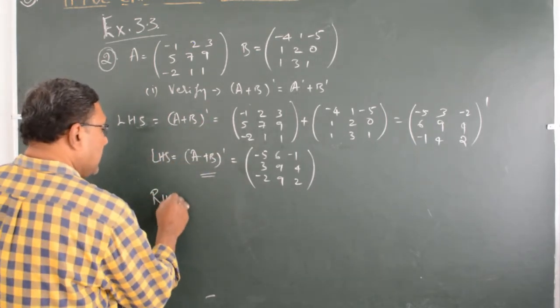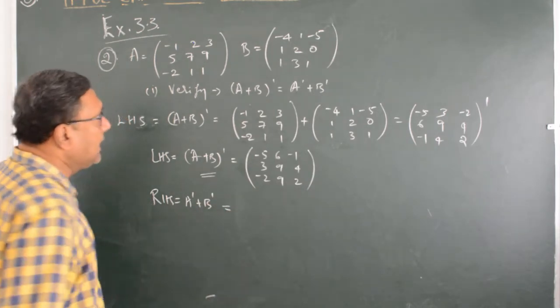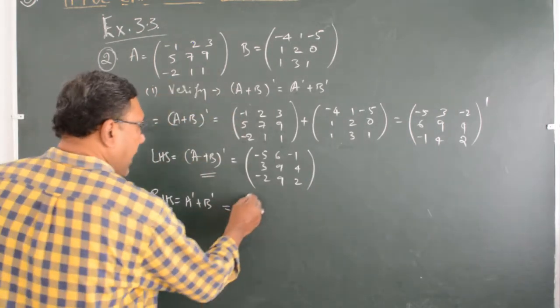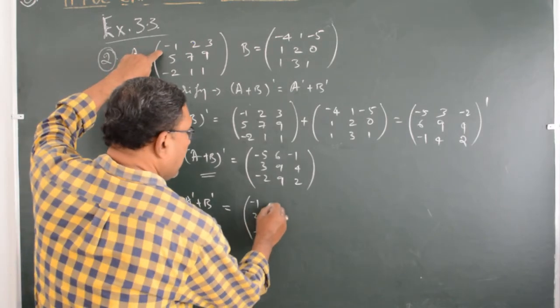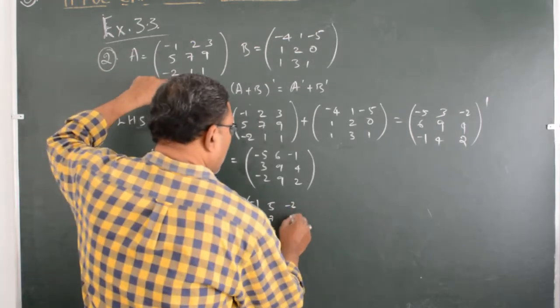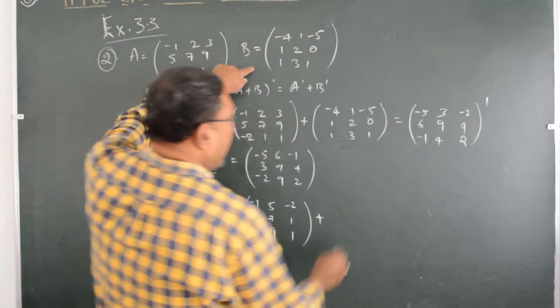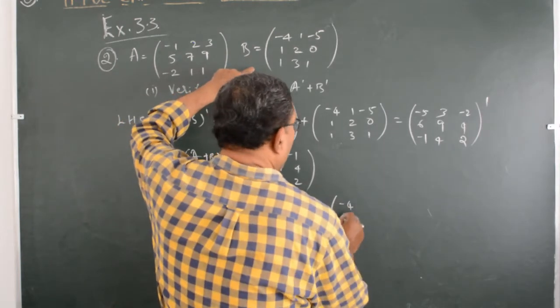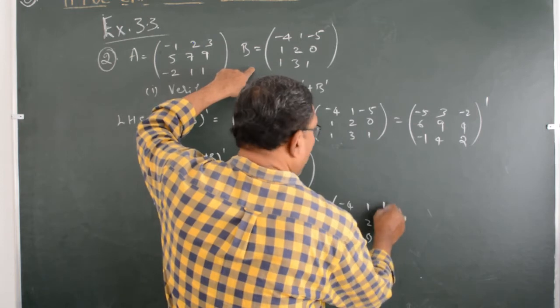RHS is A transpose plus B transpose. I'll take the transpose of A: minus 1, 2, 3; 5, 7, 9; minus 2, 1, 1. I have taken the transpose. I am adding the B transpose: minus 4, 1, minus 5; 1, 2, 0; and 1, 3, 1.